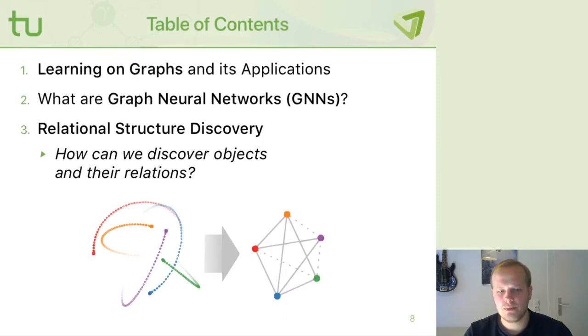In the next topic, I want to talk about the emerging field of relational structure discovery, where you find out about entities and their relations in our world completely from scratch using graph neural networks.